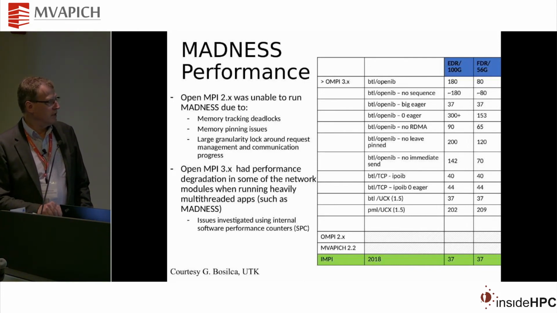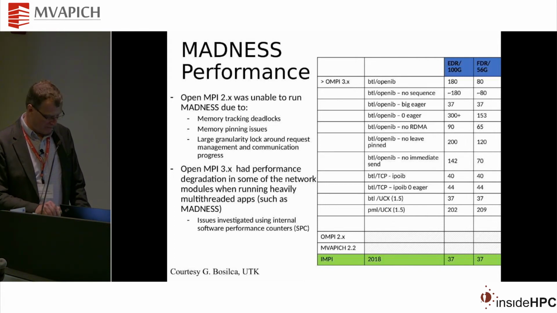And then there were some other issues associated with use of MPI 3.x. I must admit, I don't know what any of these words here mean. I think these are the times in seconds to run the application on these various platforms, and this is Intel MPI down here.